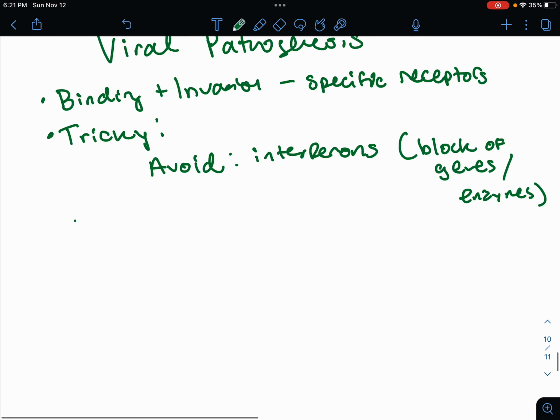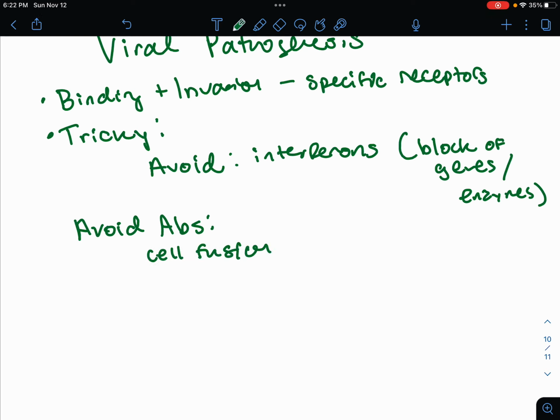They could also avoid antibodies. They could create cell fusion known as syncytium, actually. Sorry about that. Very strange word.